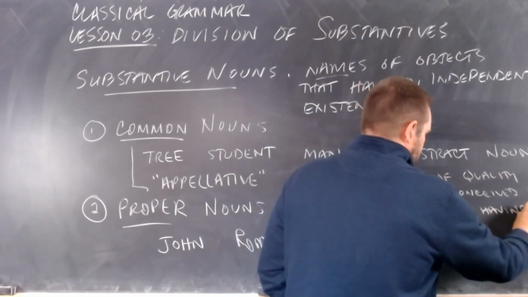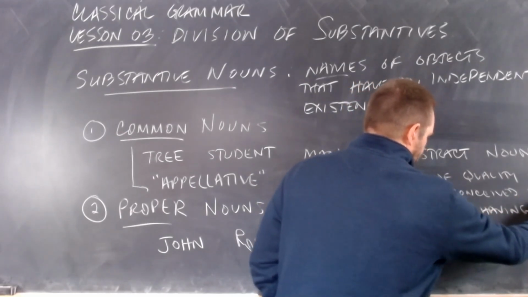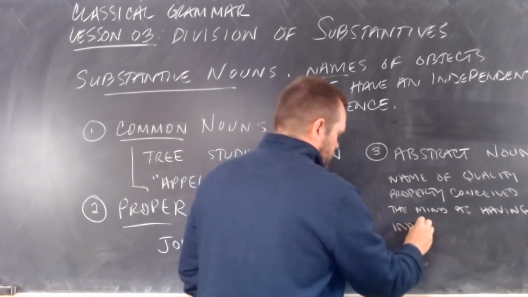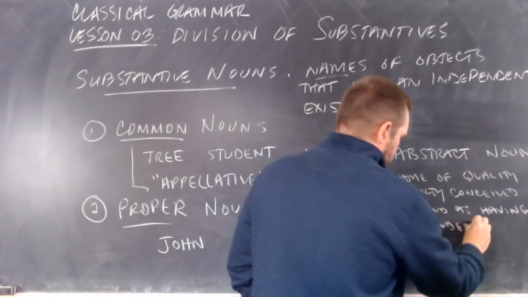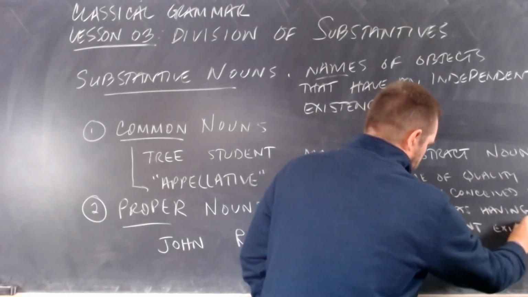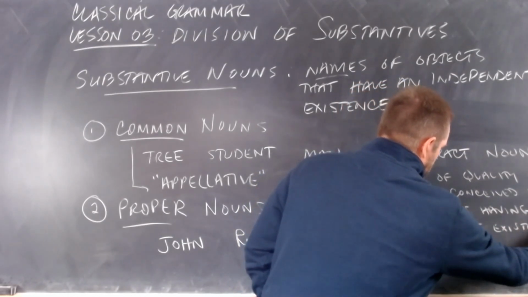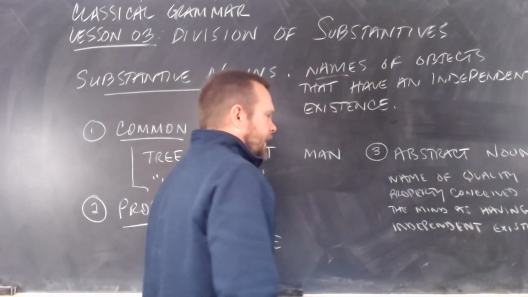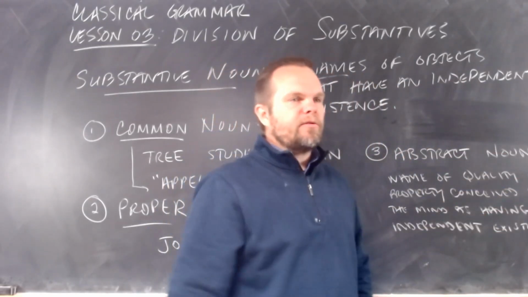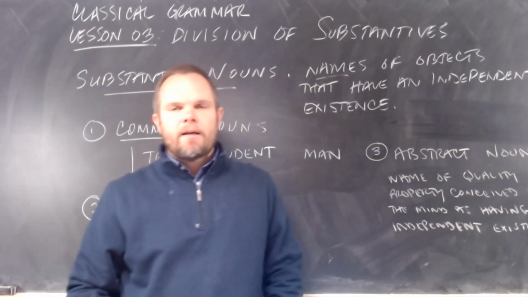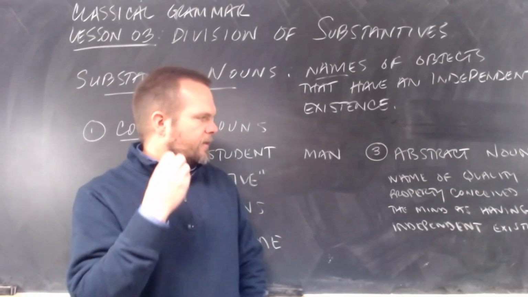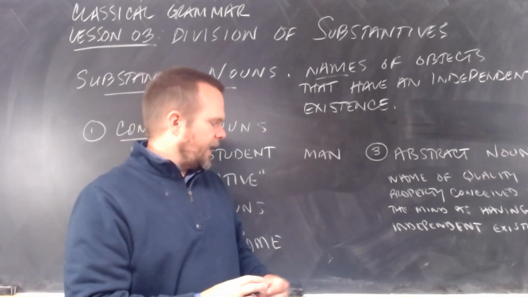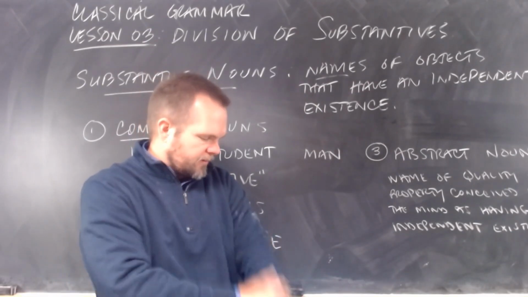I'll read it a couple times. An abstract noun is a name. First of all, it's a noun. It's a name of a quality or property that is conceived by the mind as having an independent existence.